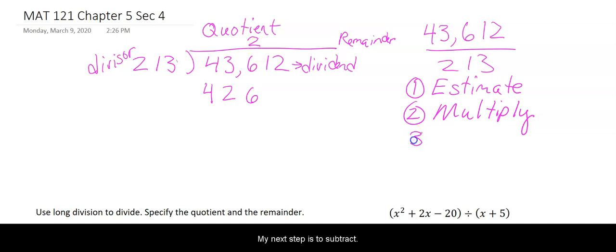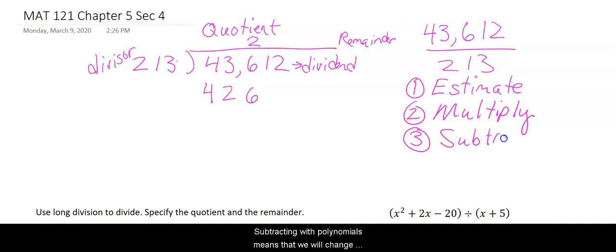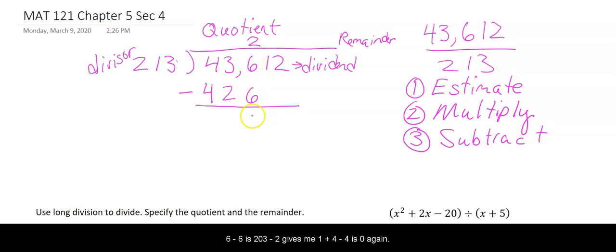My next step is to subtract. Subtracting with polynomials means that we will change the signs and add, since subtraction changes all signs. For numbers, we can simply put the minus out front and draw the horizontal bar to subtract. 6 minus 6 gives me 0, 3 minus 2 gives me 1, and 4 minus 4 is 0 again.